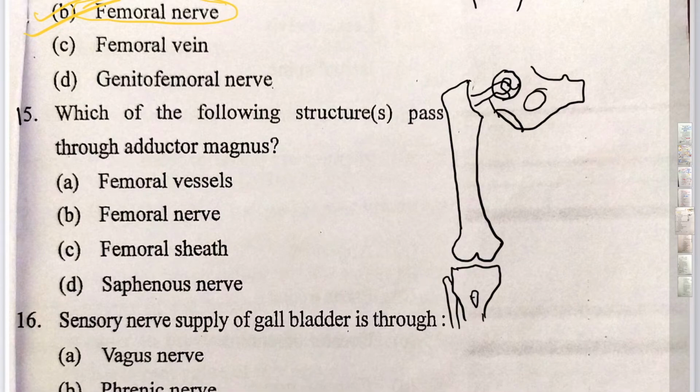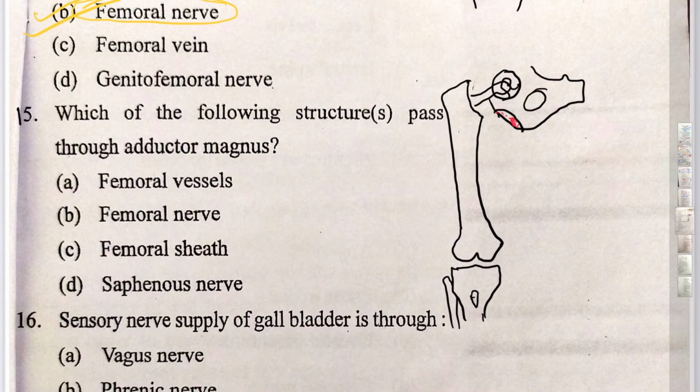Now look here. Talking about adductor magnus, you know it's a hybrid muscle. It belongs to two compartments, the medial compartment and the posterior compartment of the thigh. That means it has both the function of adduction of the thigh as well as extension of the thigh at the hip joint, because that's a part of the hamstring. So this portion here is called the ischial tuberosity.